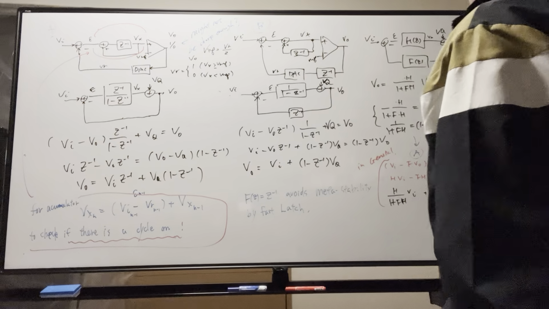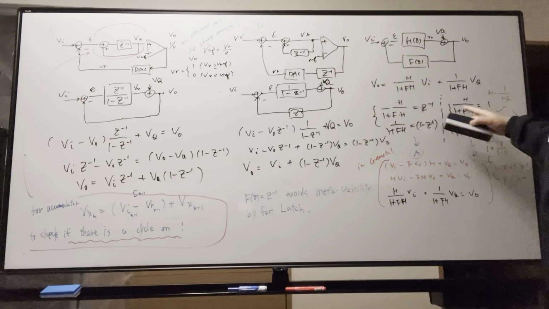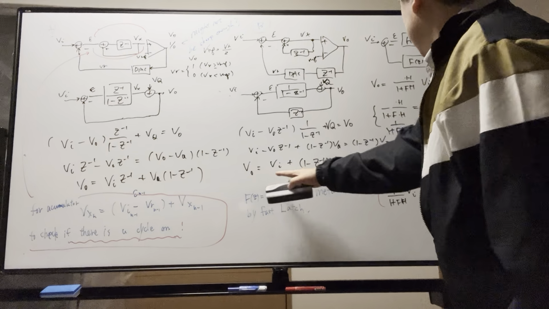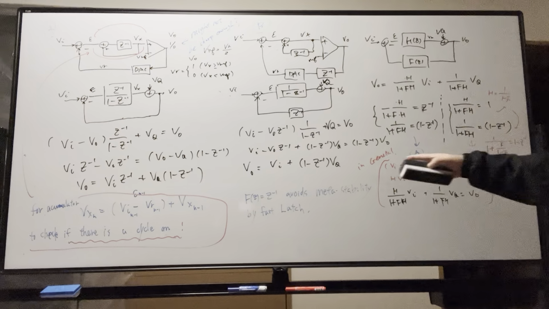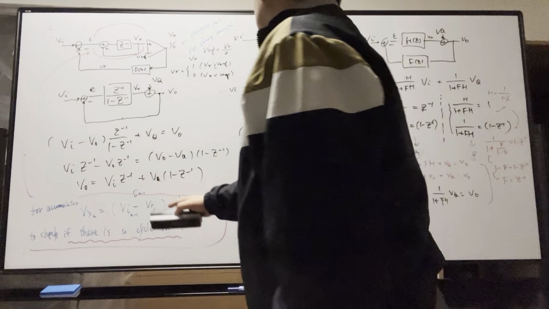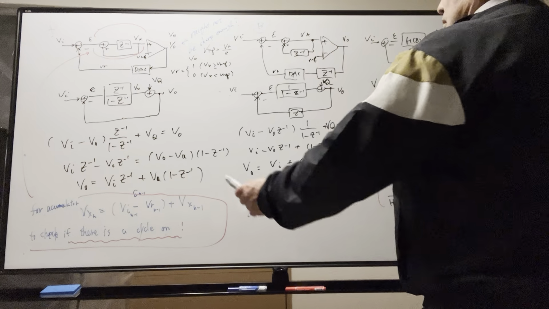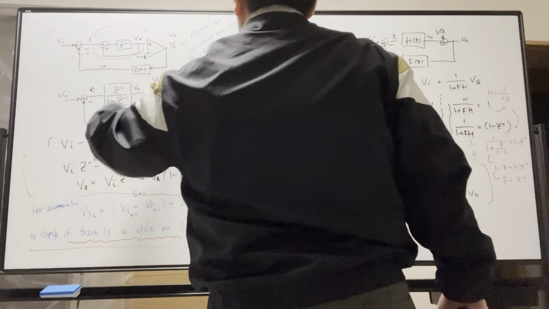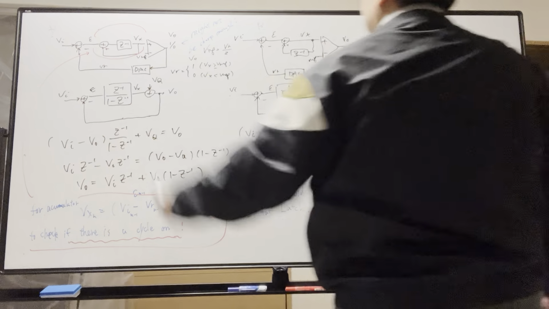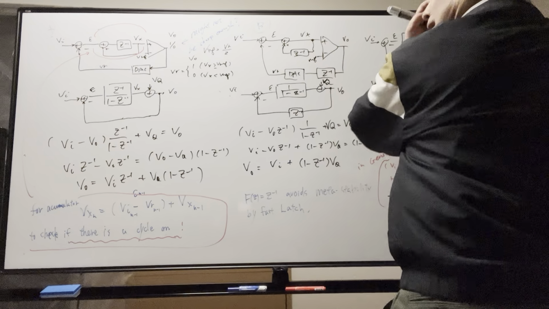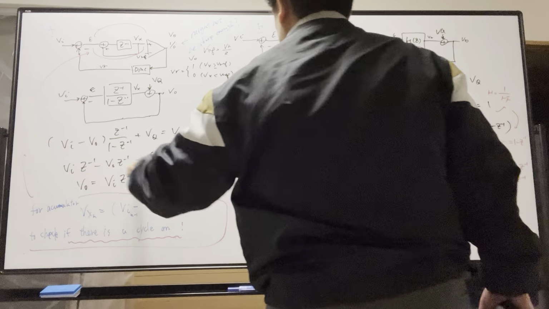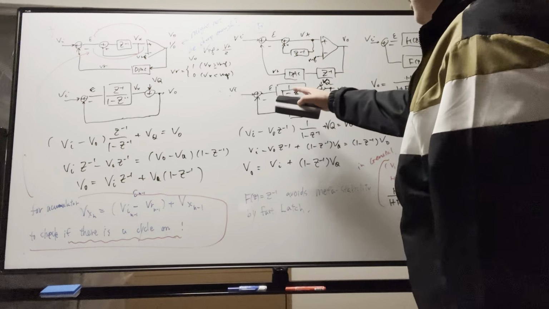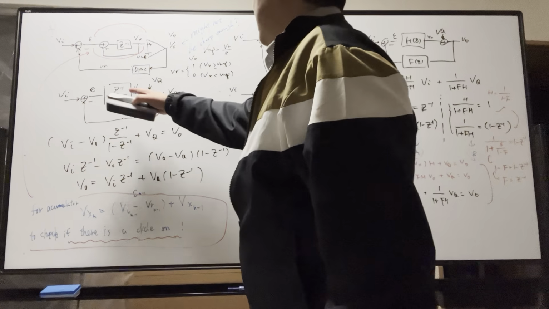And for B, this is just 1, and for this B, 1 minus z to the -1 is the same. And you can derive from these converted diagrams very easily from here to there.